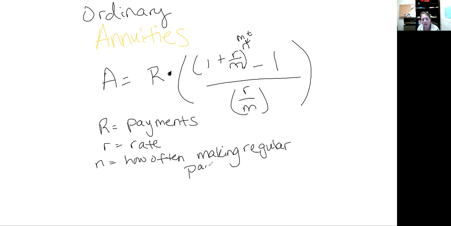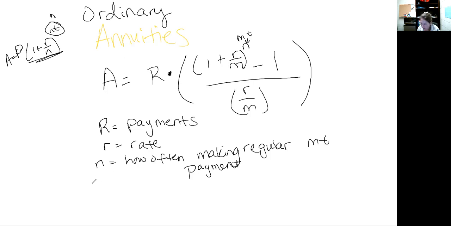Okay, and again, on the formula that I did for compound, remember it was A equals P times 1 plus r over n to the nt. This is essentially the same formula here. They just use the M and the N a little bit differently. They call this M, they call this whole thing N here. But what it is in this formula is just your N times your T. It's how often it's compounded per the time.